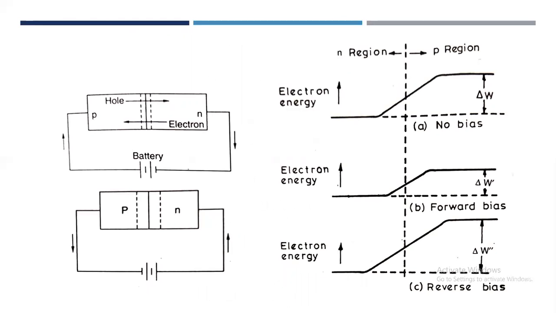Now let's see the current flow across the biased junction. If the P material is biased positively with respect to the N material, as you can see in the figure, P has holes that are positively charged with respect to N, and N is negatively charged.